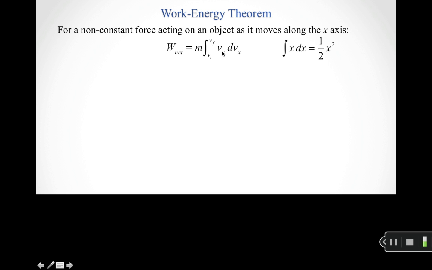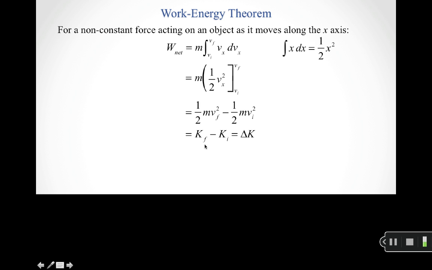Well, this is the integral of v dv, so it's going to be nothing more than 1/2 the velocity squared. So I've still got my mass term out front. My antiderivative here is now 1/2 of the x component of velocity squared, and I need to evaluate that at the two endpoints that I've got for my integral. And so when I do that, I end up with 1/2 mass times the final velocity squared minus 1/2 mass times the initial velocity squared.